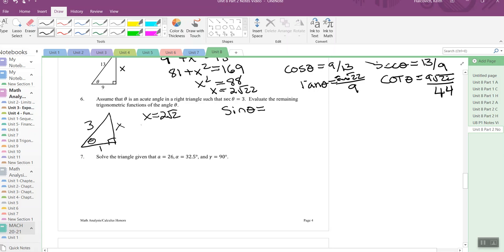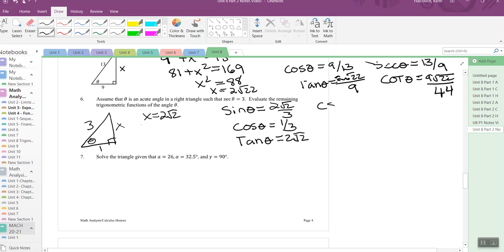So sine of theta is equal to 2 rad 2 over 3. Cosine is equal to 1/3. Tangent is going to be 2 rad 2 over 1, which is just 2 rad 2.